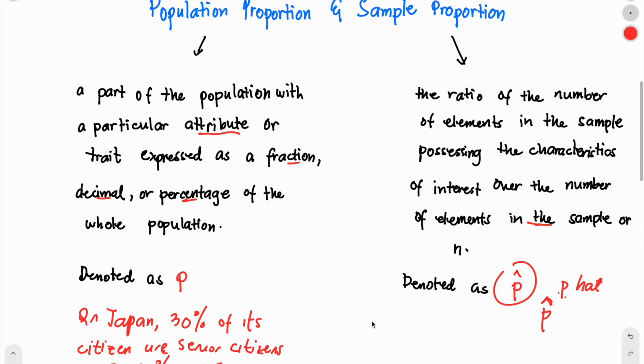When you talk about, for example, among these senior citizens, what percentage owns a cell phone?